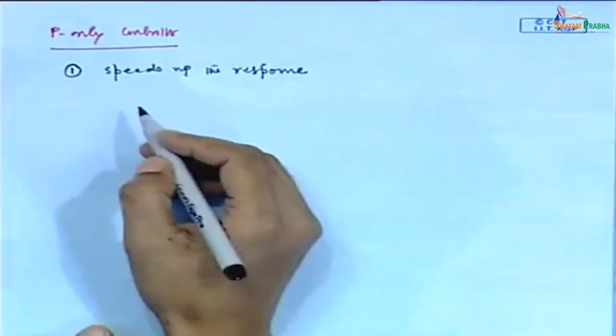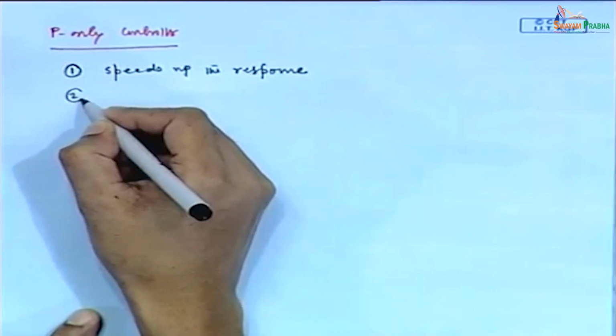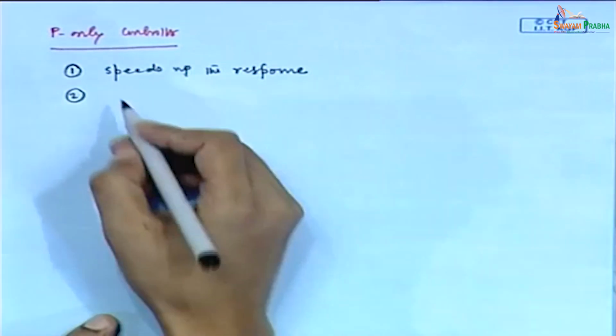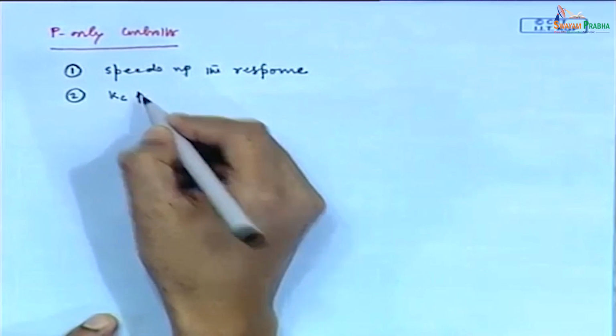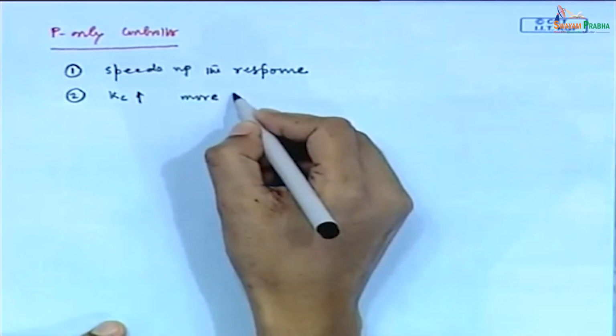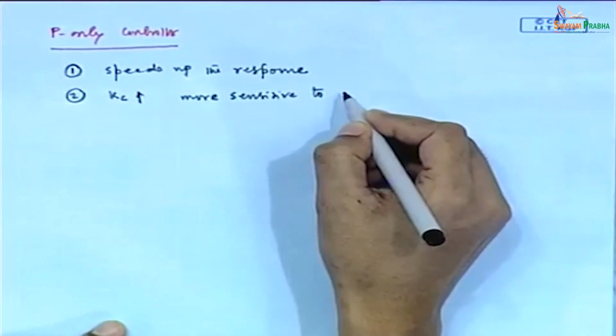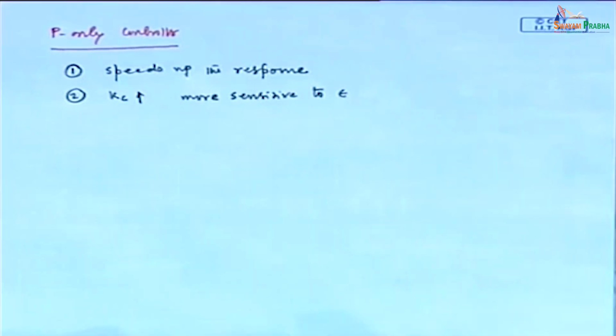And with the increase of Kc value, the controller becomes more sensitive to error signal.